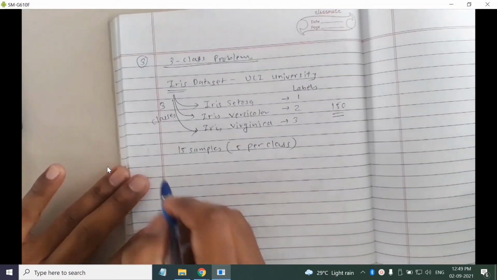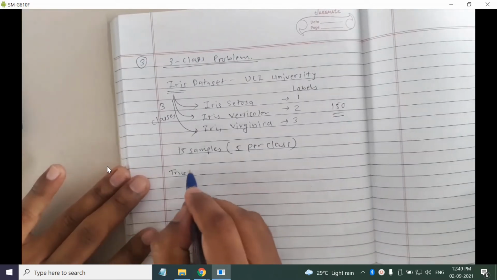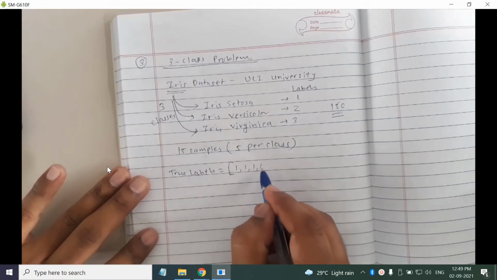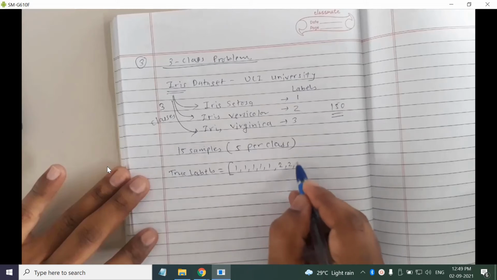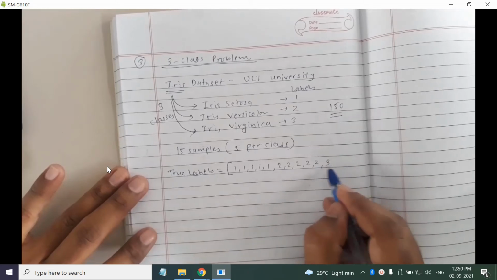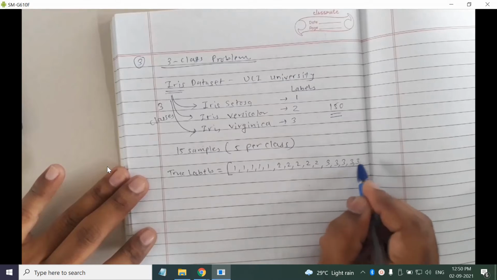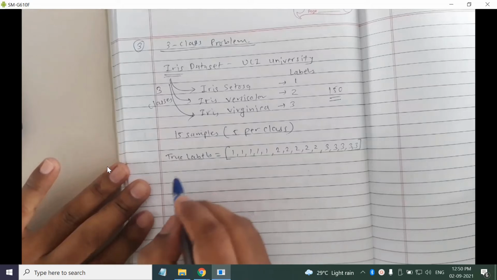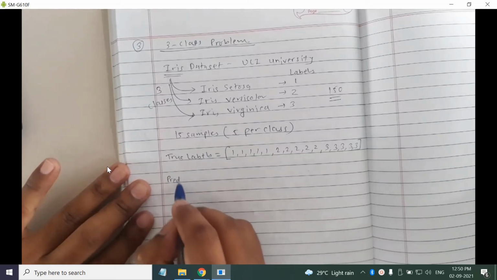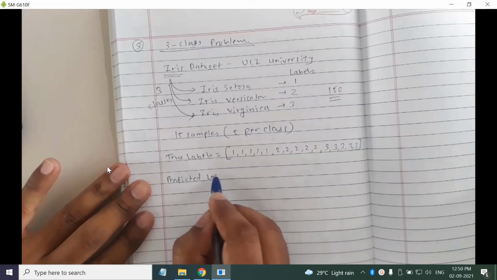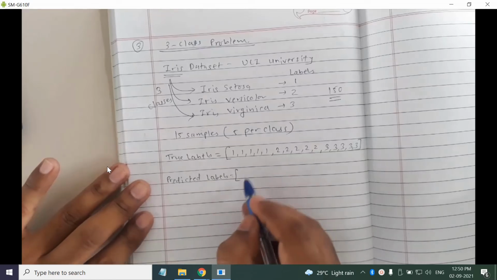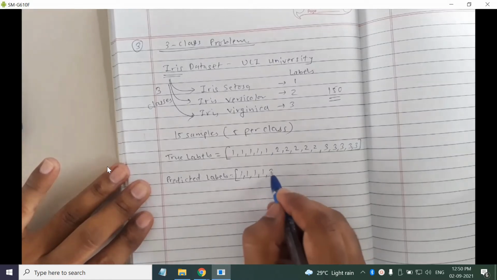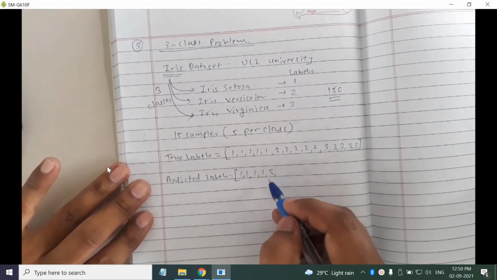So we can easily derive true labels. We will have 5 ones, then 5 twos, then 5 threes. Let's assume we have built a model and the model has predicted the following labels. 1 1 1 1, and for the fifth flower it came up with the third class.